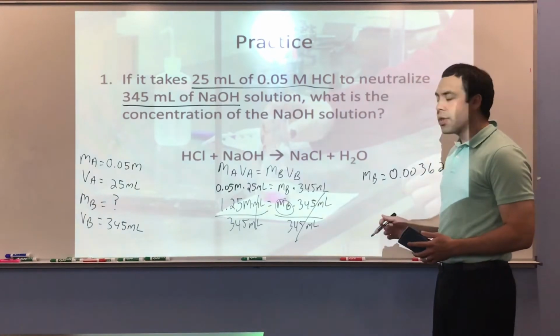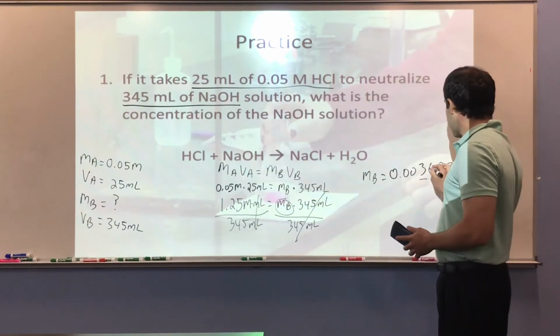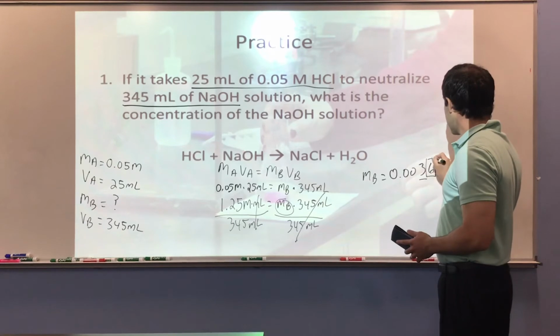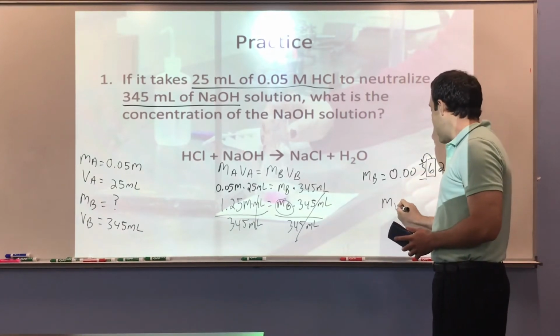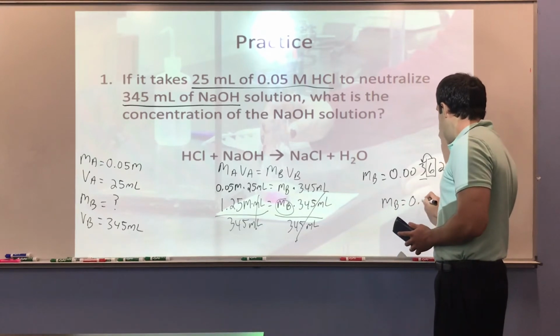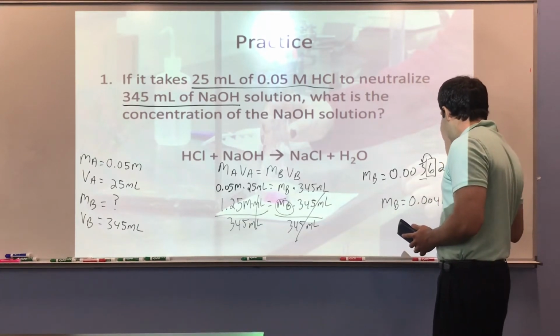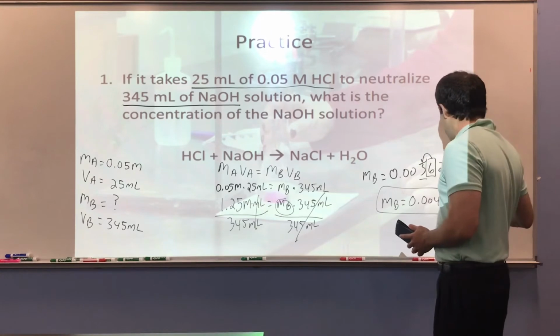So we go with the least number of significant figures, which is 1. 6 is 5 and above, so this 3 rounds to a 4. So our final answer, our Mb, is equal to 0.004 molar.